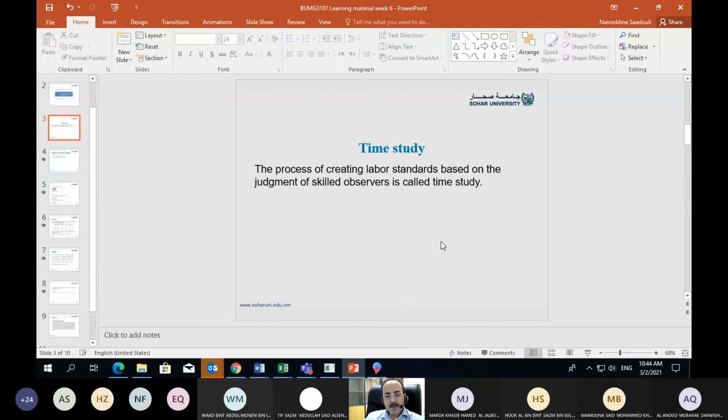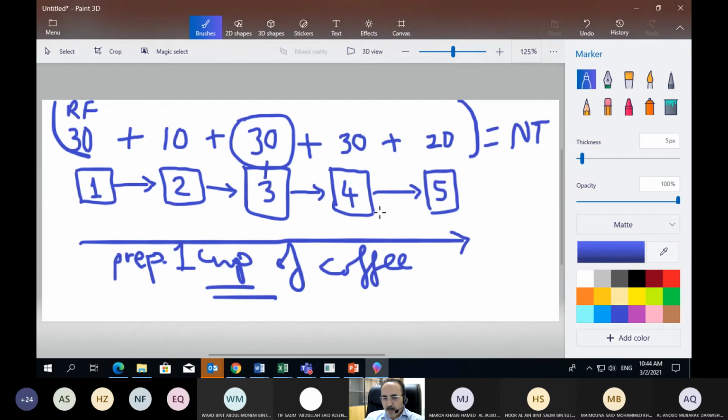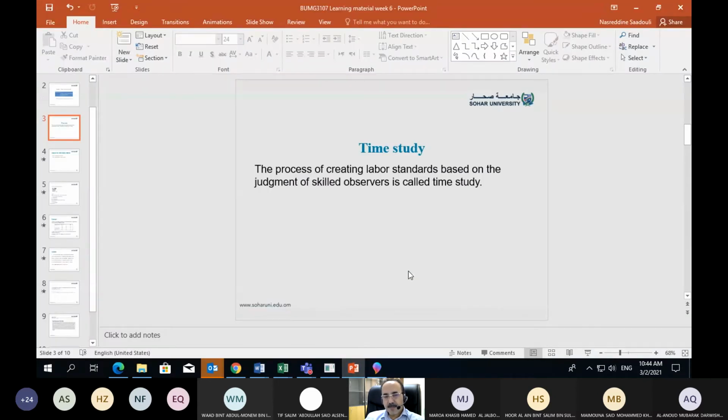It's the same when we're talking about manufacturing or service. Differences of 2-3 seconds, especially in an operation that has a number of work elements. If you have 2-3 seconds added in each one, you're going to end up with an additional maybe 10-15 seconds.